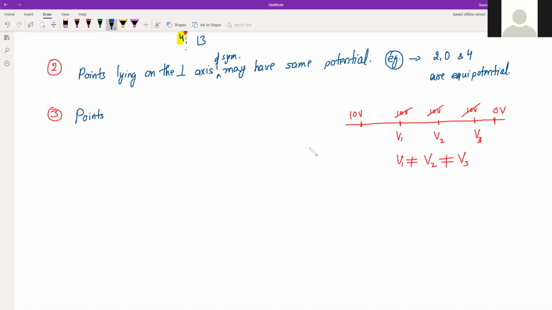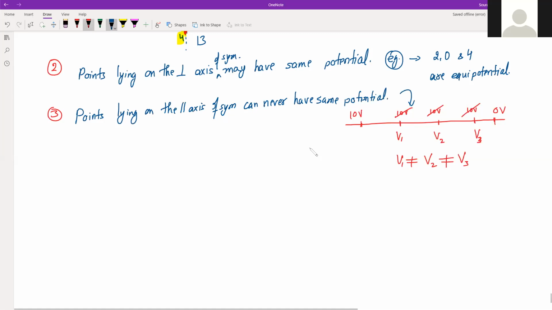Points lying on the parallel axis of symmetry can never have the same potential, and whatever we have drawn below is the explanation for that, right?